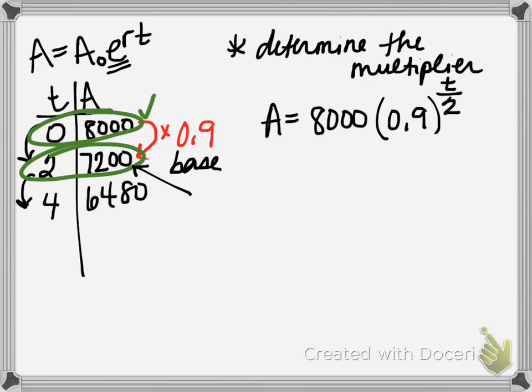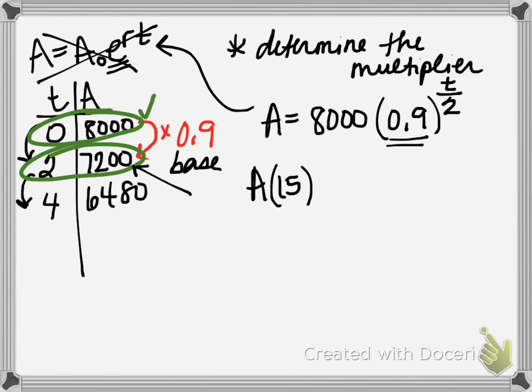Rather than using our a sub 0 e raised to the rt, we can find our model using a base of 0.9. And it turns out that this model is equivalent to the previous model that we found, just written in a slightly different way. So now if we're interested in the number of people in 2020, then that's the number of people 15 years later, since t began in 2005.